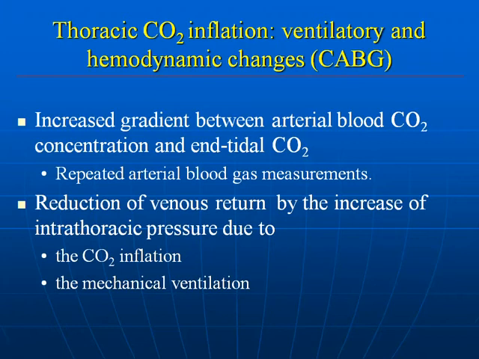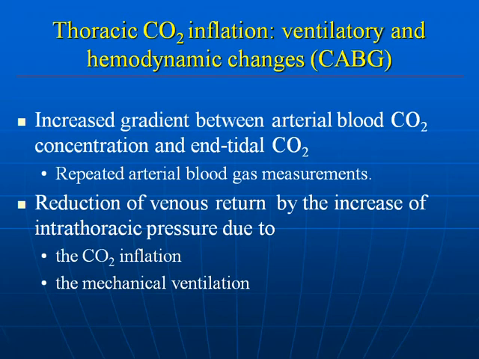So what happens is that when you do this, you increase the gradient between arterial blood CO2 concentration and end-tidal CO2. So you artificially raise the CO2 concentration in the patient. So it's very important that your anesthesiologist decrease the CO2 that he's going to give to the patient. So you have to do more arterial blood gases than routine. That's number one.